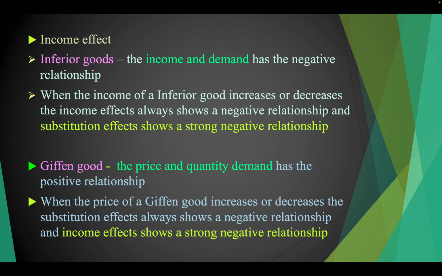The law of demand means there is a negative relationship between price and quantity demanded. The exception to that is a positive relationship between price and quantity demanded, and that is the Giffen good. That means when the price increases, the quantity demanded increases, and when the price decreases, the quantity demanded decreases.